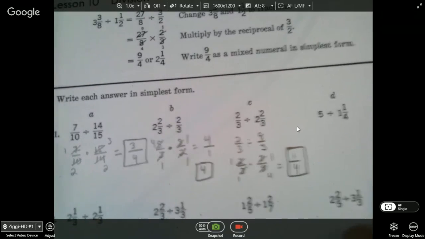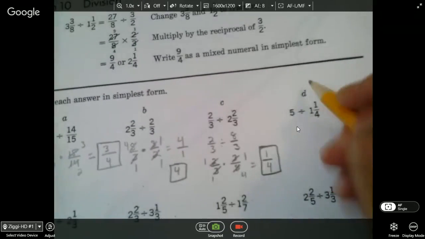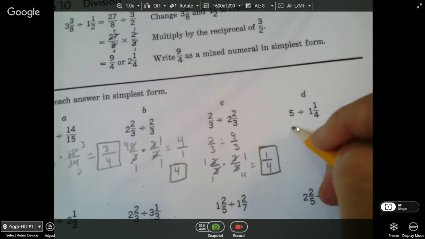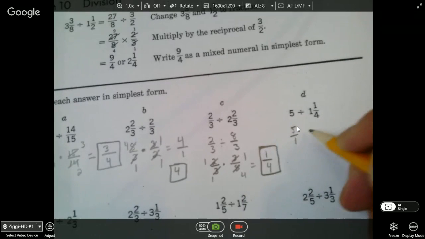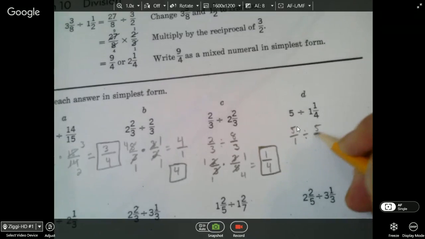In letter D, this here is a 5, it is a whole number, so let's change it to a fraction. That's just 5 over 1, and here we're going to keep it as a division for right now. Let's get an improper fraction first. 4 times 1 is 4, 4 plus 1 is 5, so this is 5 over 4.